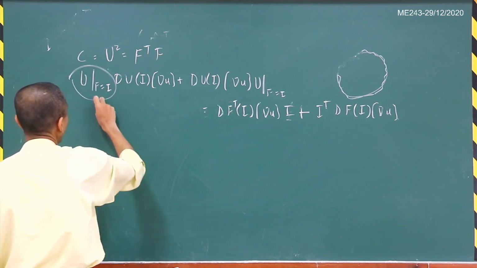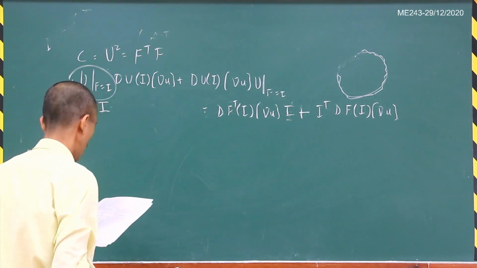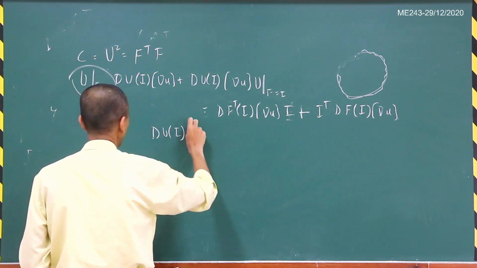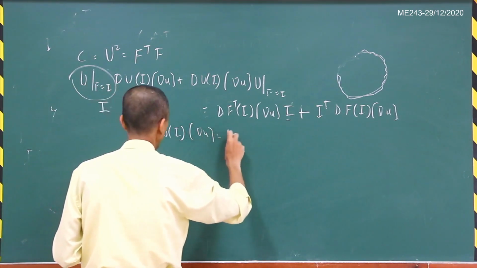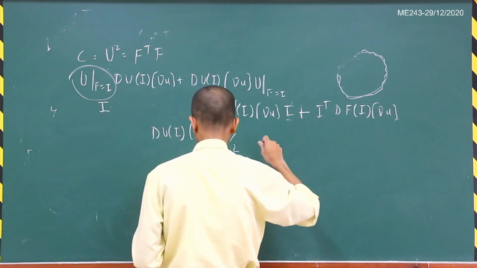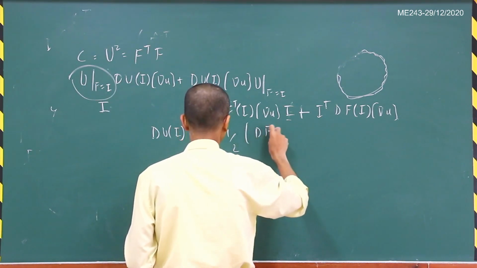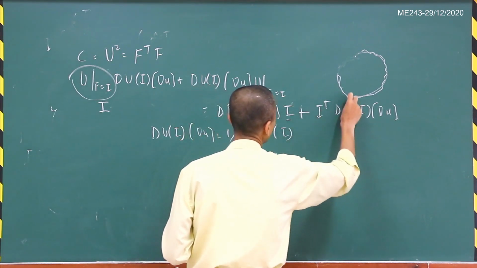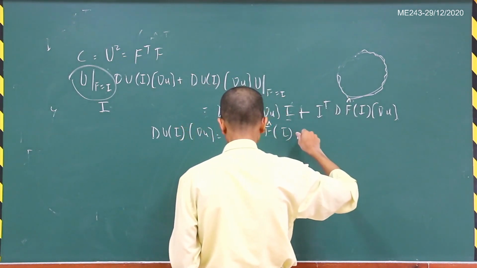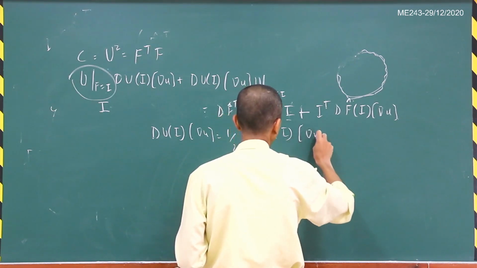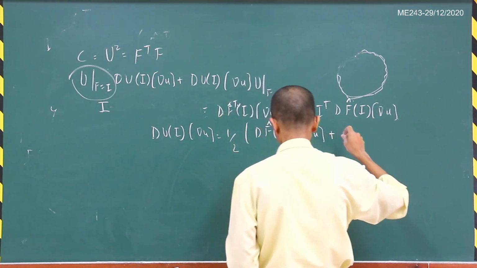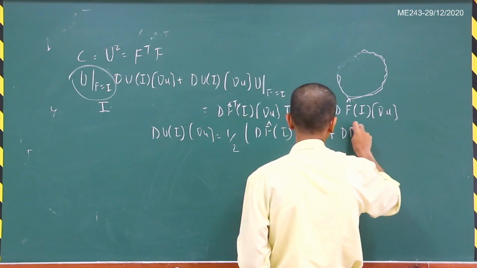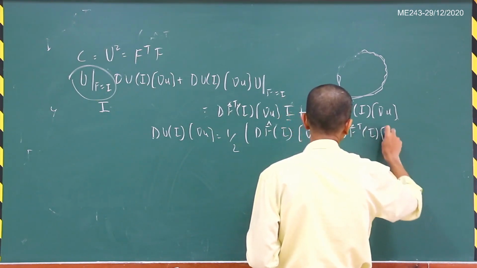So this will again be identity, and what we get is that D of U evaluated at identity in the direction of ∇u is equal to half of D of F̂ at I in the direction ∇u plus D of F̂ transpose in the direction ∇u.